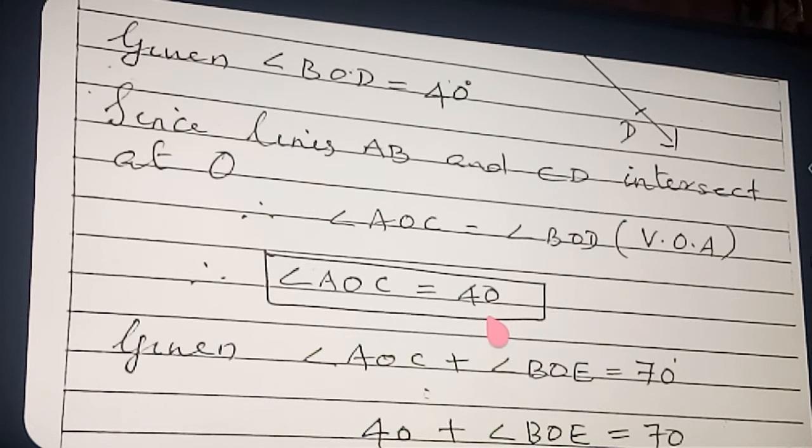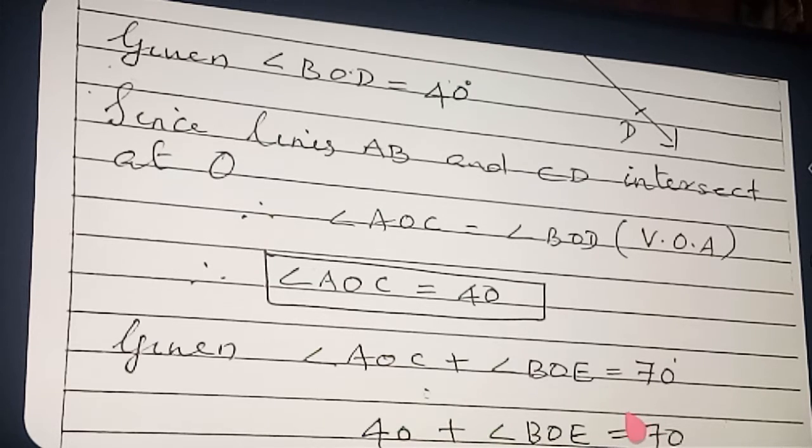You see the diagram also. I will roll the page so you cannot see the diagram, so keep your textbook with you so that you can see the diagram properly. Angle AOC plus angle BOE, how much is given already? 70. What is the value of AOC? 40. Apply here: 40 plus BOE is equal to 70.